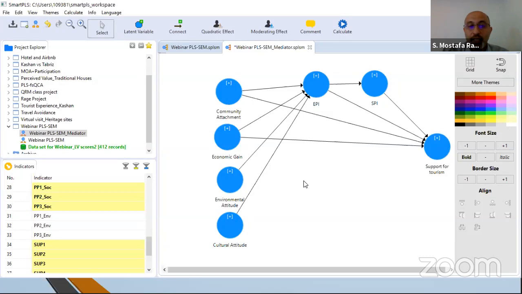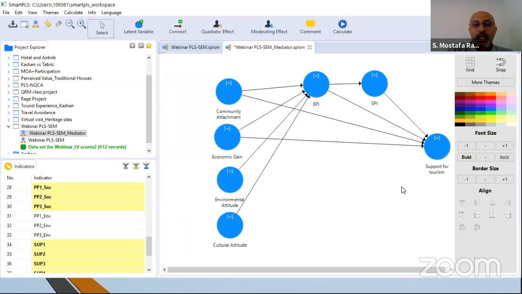Again, I emphasize that you don't need to find exactly the mediation assessment of your mediator. If you find the relationship between IV and DV overall, and you support this relationship based on literature and theory, and also the effect of IV on mediator and mediator on DV, then you can hypothesize a mediator.